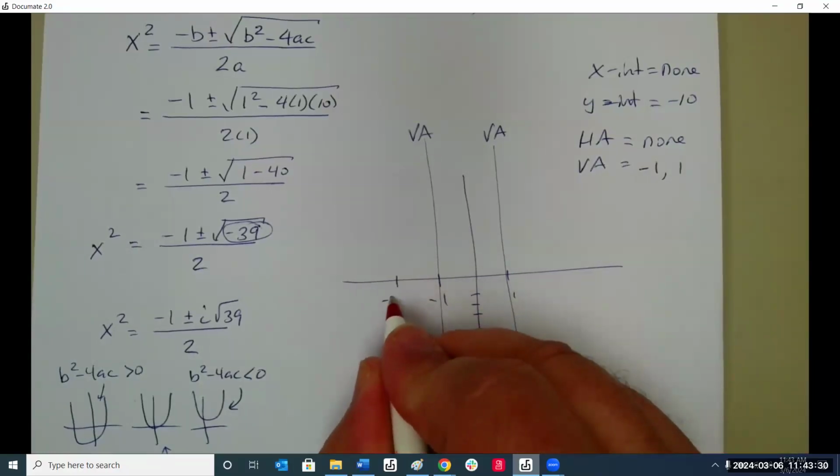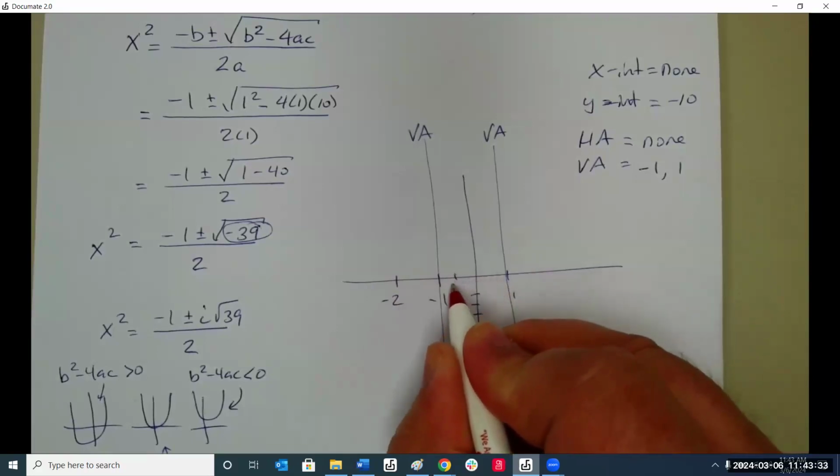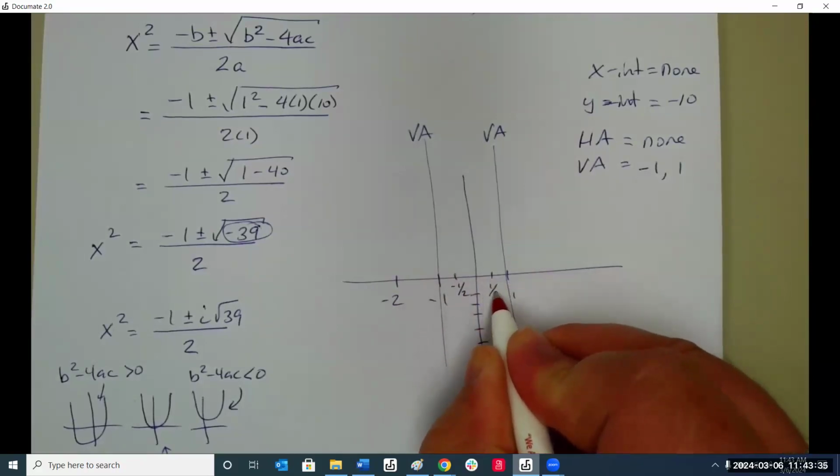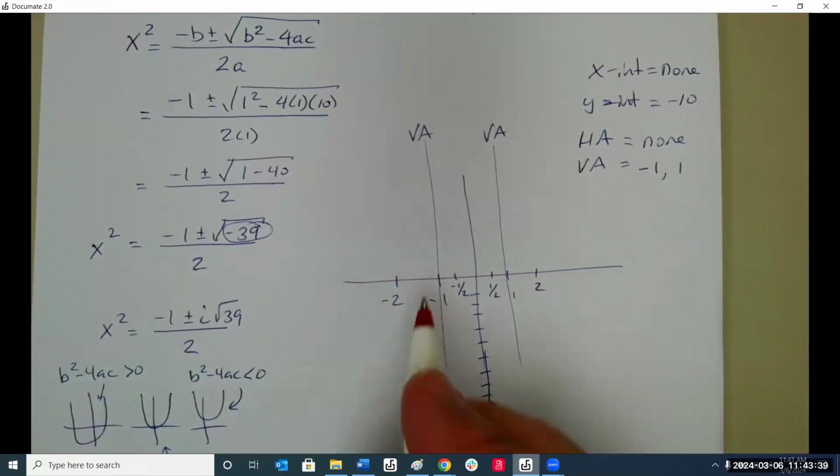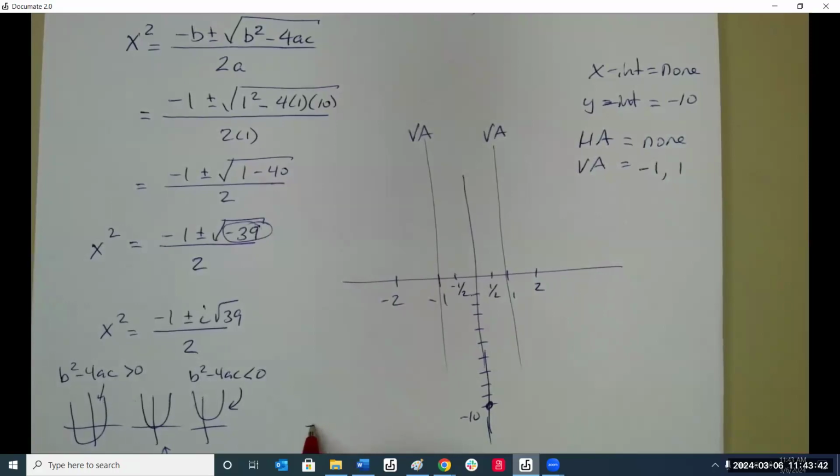Let's see what this thing's gonna look like. At those points, at -2: -2 to the fourth, -2 squared plus 10, over -2 plus 1, -2 minus 1. 16 plus 4 plus 10, over -1 times -3.